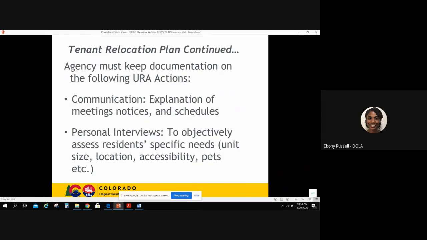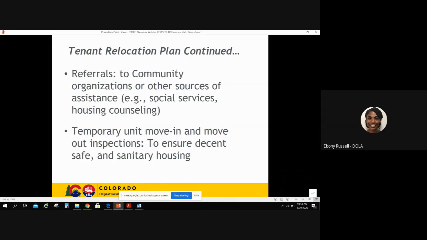And the agency must have the following information in their tenant relocation plan: their plan for communication, meetings for personal interviews to objectively assess the residents' specific needs, referrals to community organizations, and temporary unit move-in and inspections for any temporary housing that will be provided.